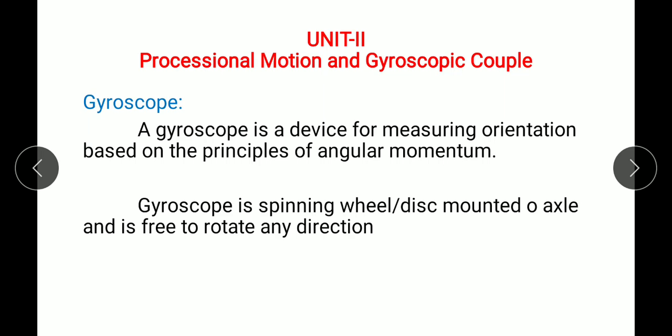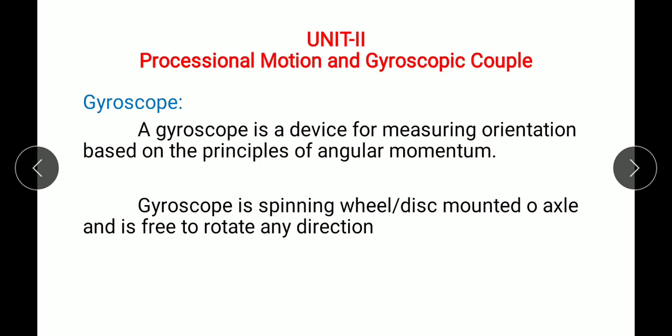When an object is rotating, to measure its orientation on the principle of angular momentum, that is considered a gyroscope. So mainly a gyroscope is used for measuring the orientation of a revolving object based on angular momentum. A gyroscope is a device for measuring orientation based on the principle of angular momentum.